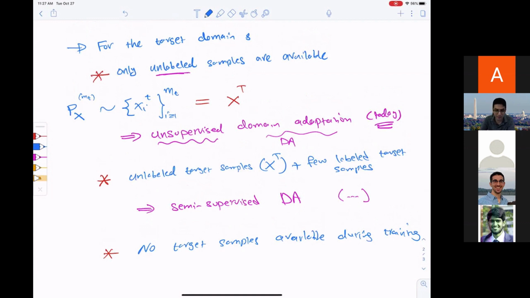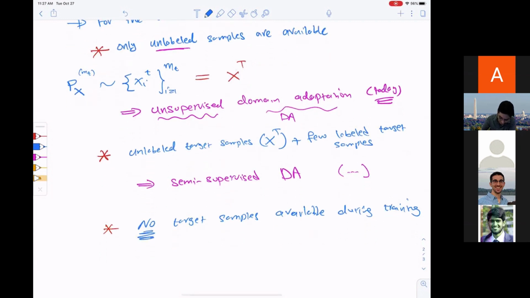That sounds reasonable. But what if I do not have any target samples in my training? How is it even possible that my model can perform well at test time on completely unseen domains?